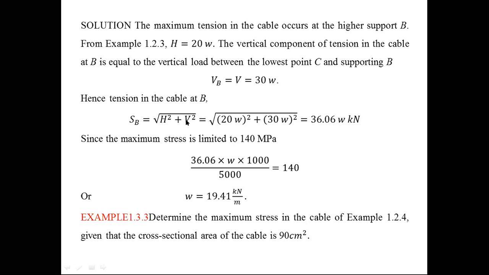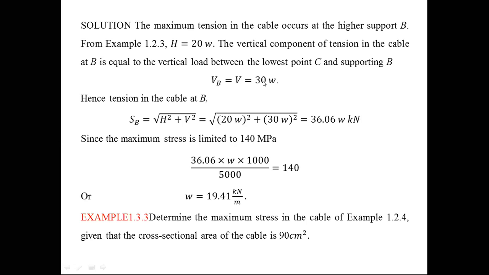So S, the cable tension, is the square root of H square plus V square. H we will calculate; we know how to calculate it, we did that in analysis of cable. So what is V? If the supports are at different levels, which support will give the maximum value? Obviously L2 is greater than L1. Therefore support B is at the higher level, so the vertical reaction V is equal to VB.